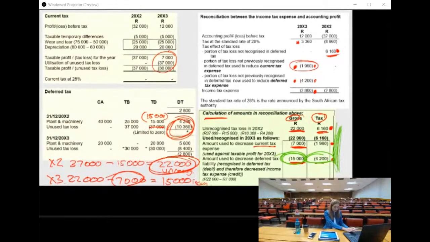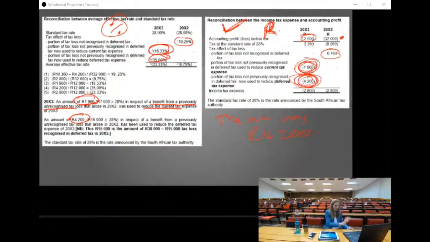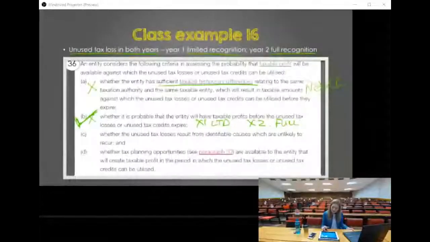Can you explain the 1,400 amount included in the reconciliation again? The 1,400. Which 1,400? Okay, we'll get to that. The 1,000 in the recon that we got when we had a limit for both years. Okay, so that's in the previous example.